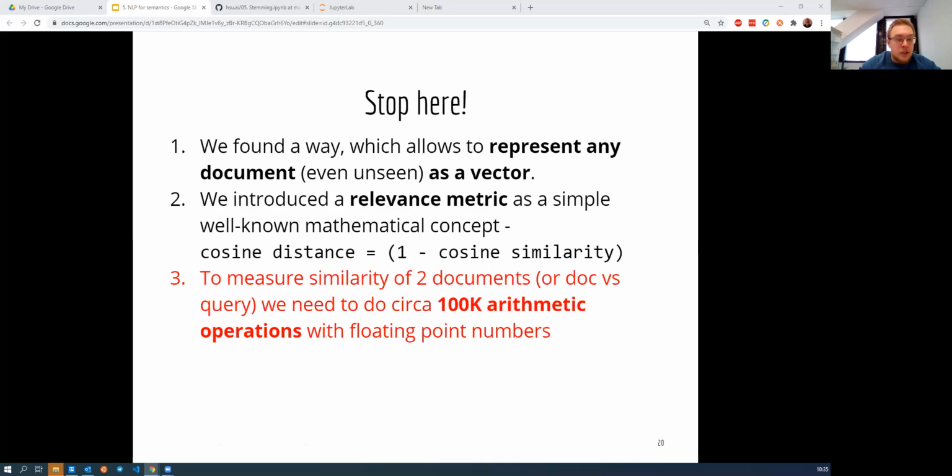So at least, maybe not exactly following the vector space model, we found a way to represent the text with a vector. Now we represent text as a vector. We introduce the relevance metric, which is the cosine distance, 1 minus cosine similarity. And these two things together say what? We can do relevance search, like whatever we did in your lab, when you did the intersection of posting lists.